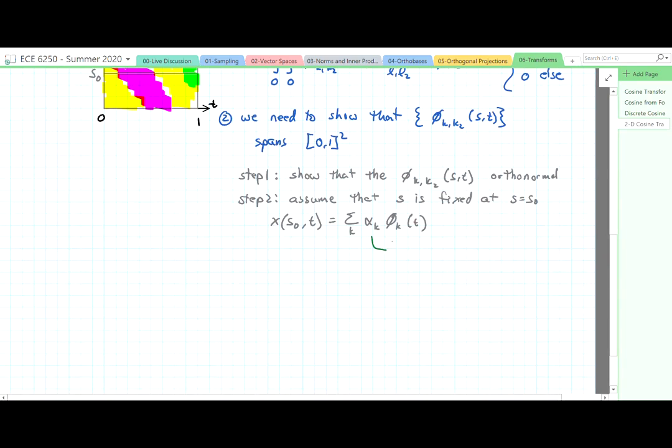But this is really a function of s naught. Well, if we have something that's a function of s naught, it can be decomposed using the basis functions of L2 of s.